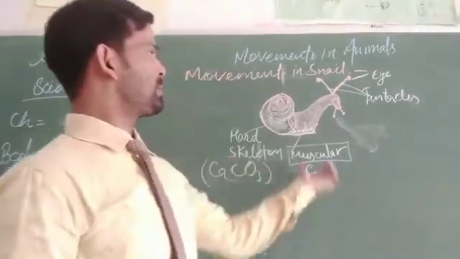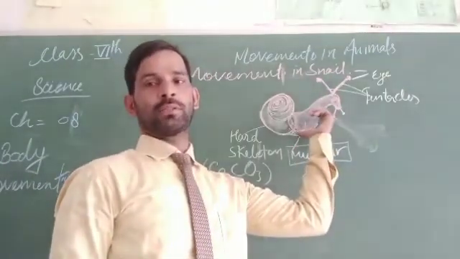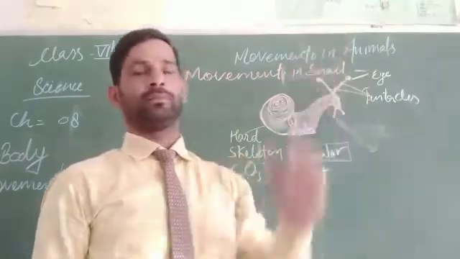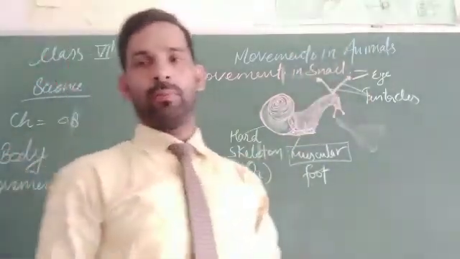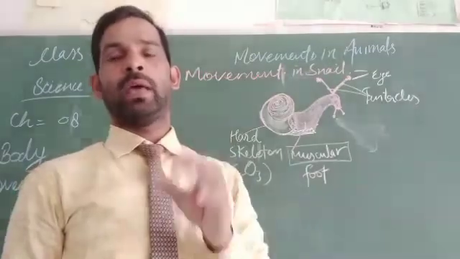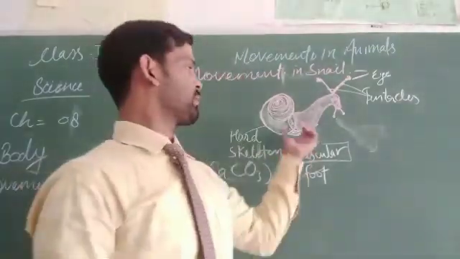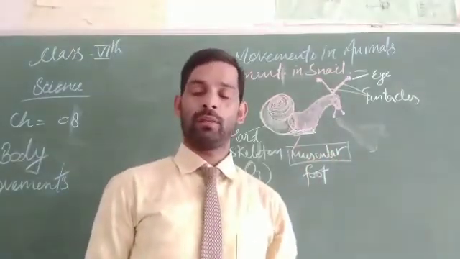And inside the body, this one is a soft, porous and flexible part that is muscular, and that one is helpful for the movement. This one is called a muscular foot, through which it can move.